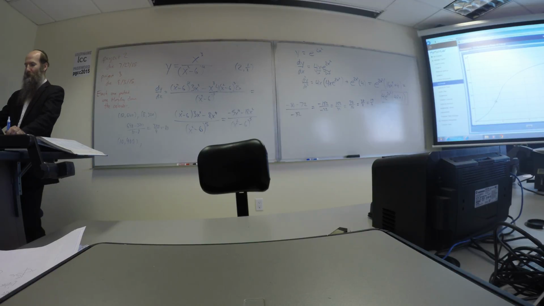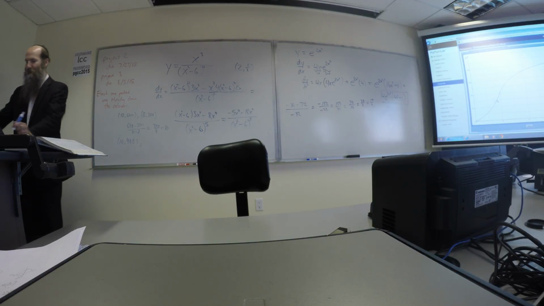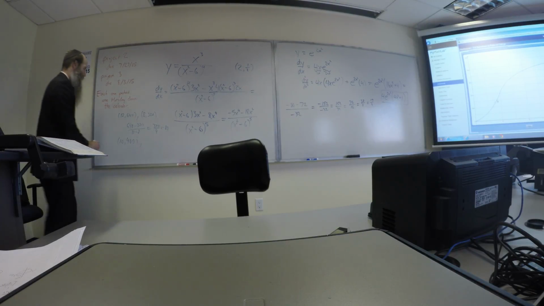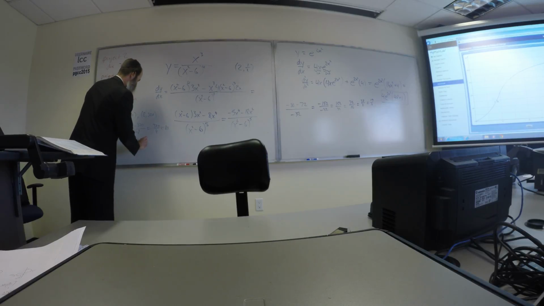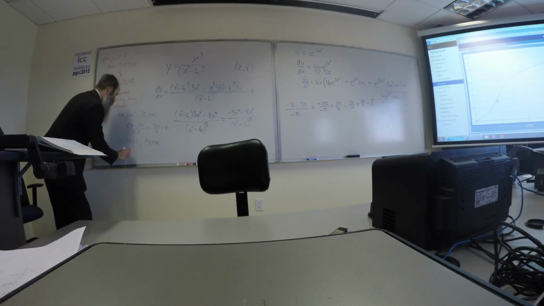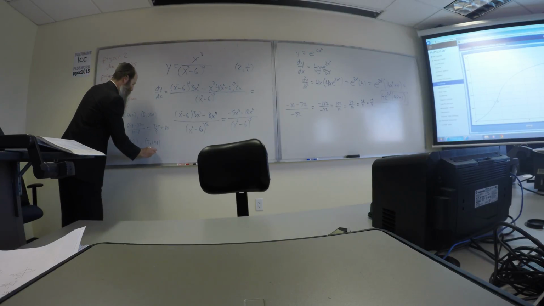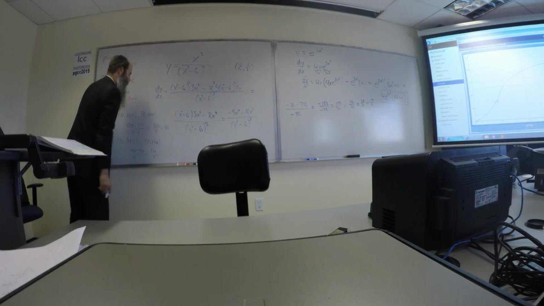You want to do 1 here? Call it 7. 7 comma what? 240? You want to call it 7? Sure. So, 400 minus 240 over 10 minus 7 gives me 160 over 3.